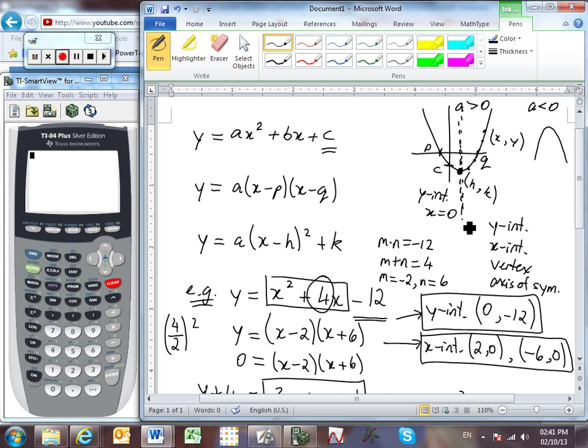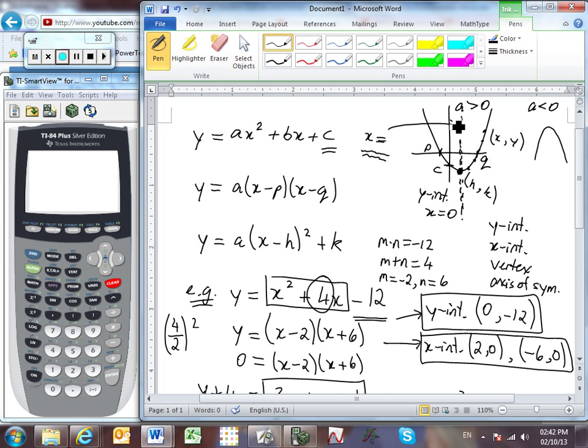And this vertical line, like any vertical line, has got the equation x equals. You must include this x equals part, or you will lose a point. So when it says axis of symmetry, it will always say, give the equation of the axis of symmetry. That means that you have to include an equals sign with the x.